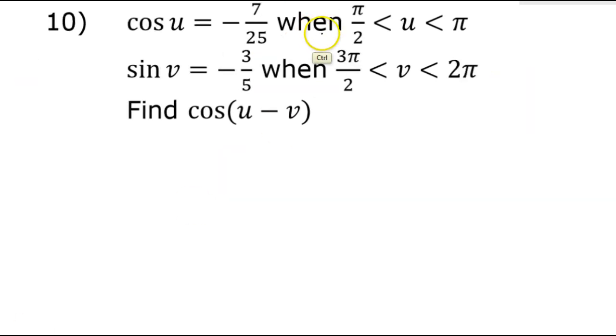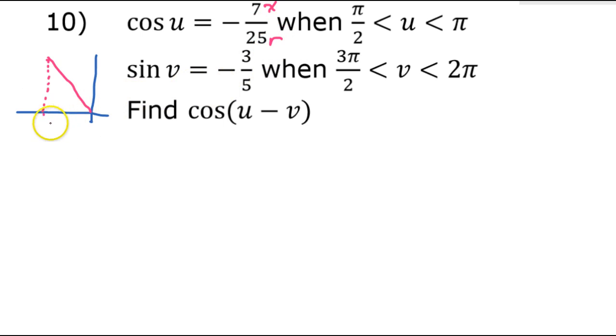Problem number 10. U is between pi over 2 and pi. So that's going to be in the second quadrant. So let's do a little sketch into the second quadrant. Alright, there's the terminal side. Cosine is x over r.